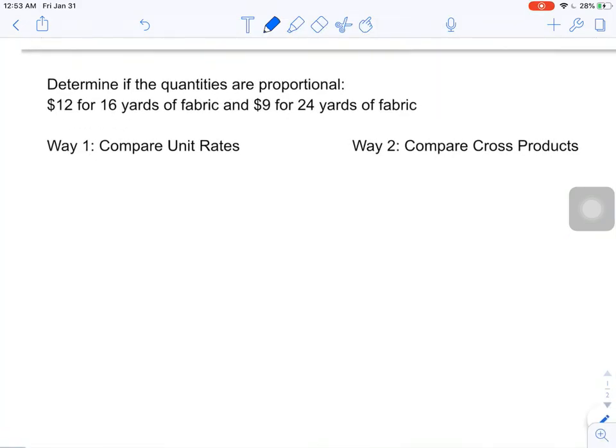Paying $12 per 16 yards of fabric versus $9 per 24 yards of fabric, we want to know if those are proportional. In other words, we want to know if we're being charged at the same rate. So there are a couple of different ways that we can figure that out. So one way would be to compare the unit rates.